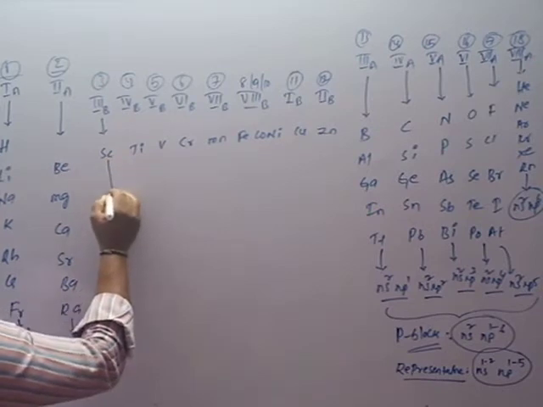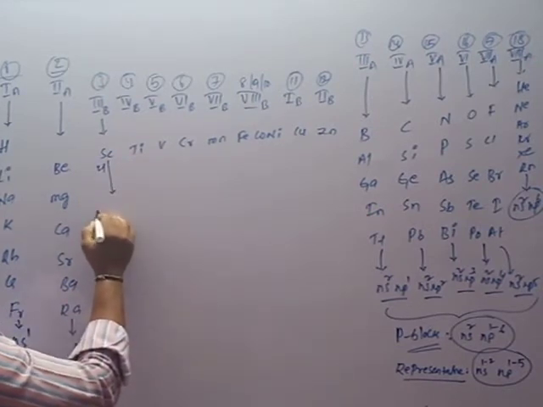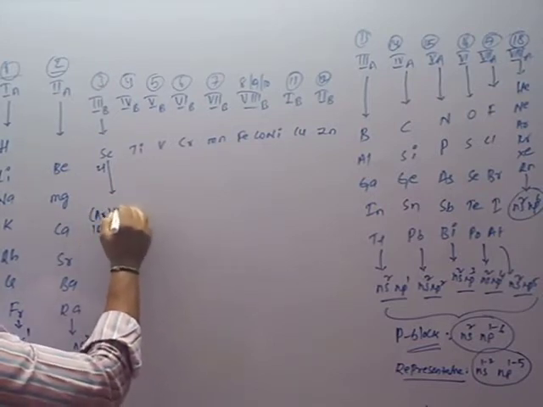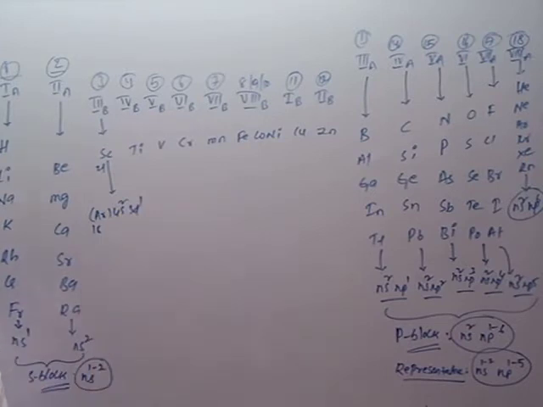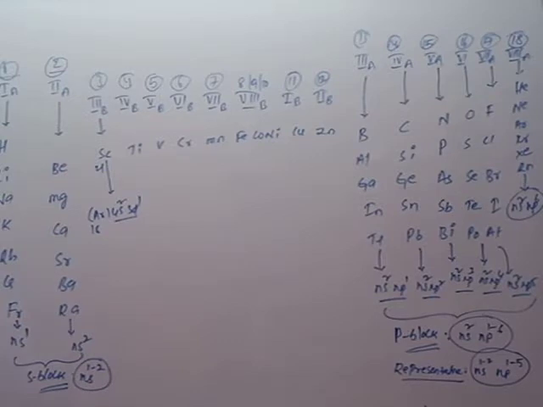For example, scandium atomic number is 21. Its configuration based on the nearest noble gas, argon, is 4s2 3d1. How many valence electrons? 2 plus 1 equals 3. It is the third B subgroup.